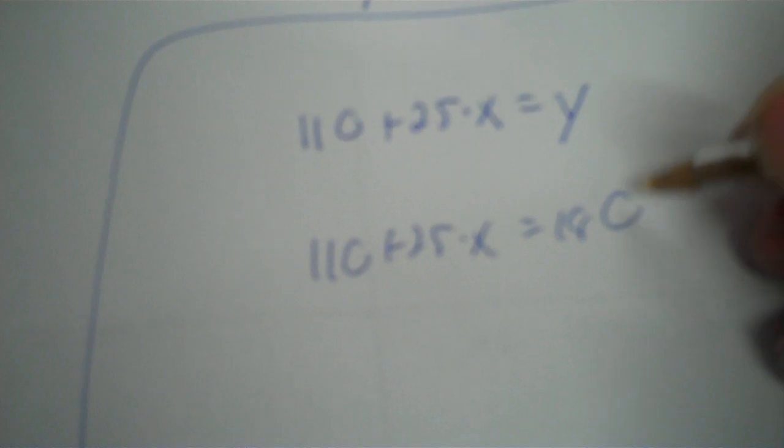We do need the Y. Now Y starts at 110, and we're adding the slope of 25 times X. Then I write my equation, 110 plus 25 times X equals Y. Then Y is replaced with 180. So 110 plus 25 times X equals 180.